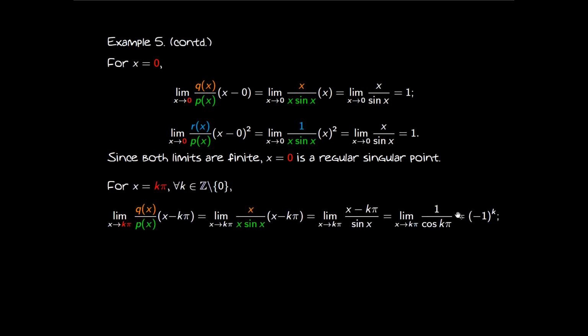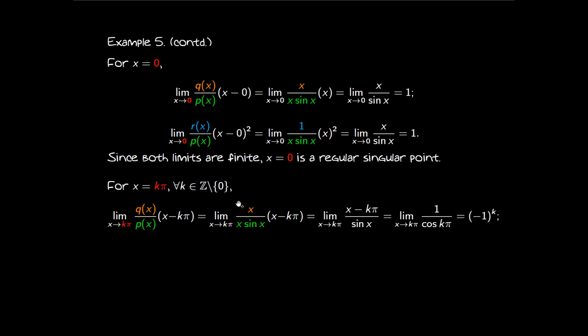Okay. Now how about the other singular points, namely non-zero multiples of pi? You can see here, k is just any integer except 0. So now we're going to check the first limit problem. We've got q over p times x minus k pi.